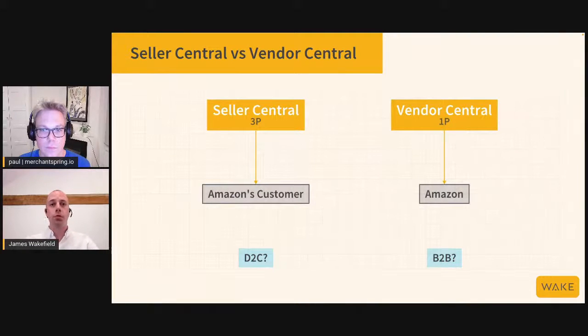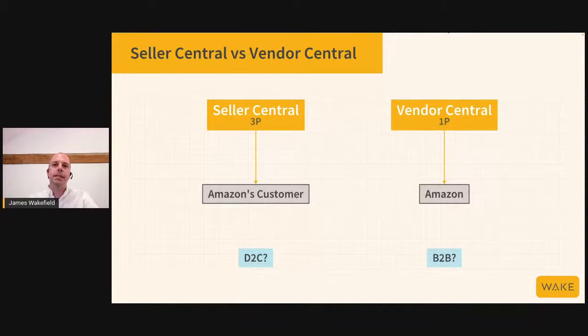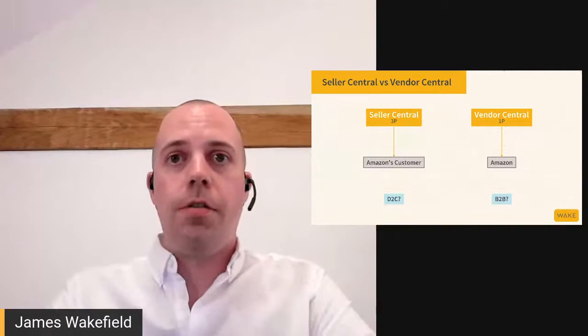You're responsible for orders, shipments, customer service, stock replenishment. There are nuances within that dependent on what kind of fulfillment you're using, but I'm not going to go into that today. Vendor Central, on the flip side, is an invite-only platform.